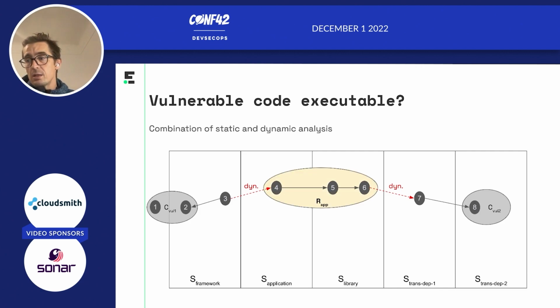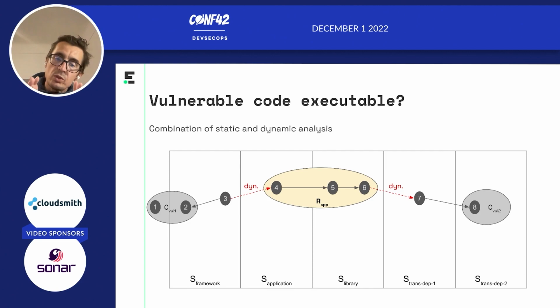We do this by running several analyses one after the other. We would start with a reachability analysis, a call graph analysis starting from the application method number 4, and we would try to see what are the other methods that can be reached starting from 4, which in this example are 5 and 6, and we stop there because the call graph construction fails to understand the dynamic invocation from 6 to 7.